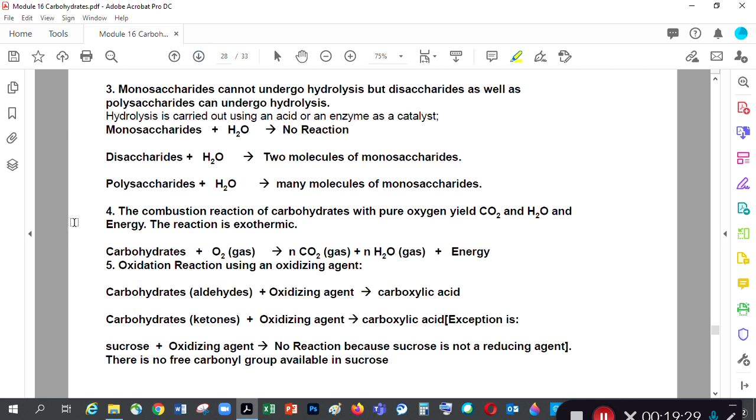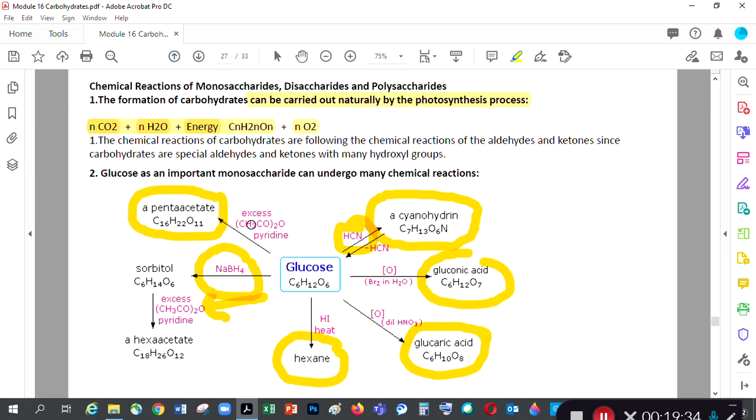Now let's look at the hydrolysis. Oh, let's go back first. I said mild oxidation every time. Now, if I use a very extreme oxidation, glucose will decompose according to the combustion reaction, and I will get CO2 and H2O and energy.